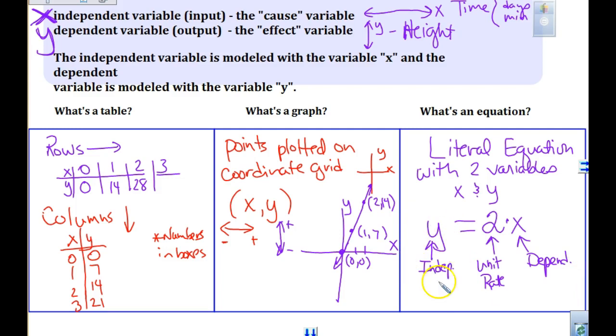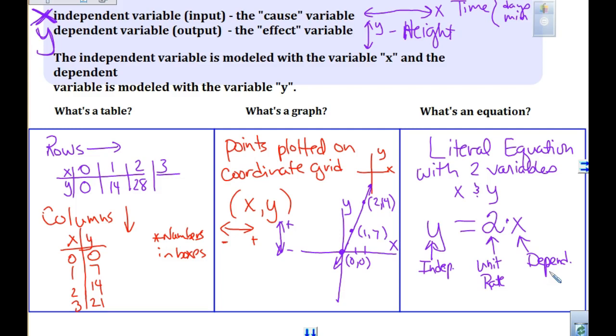Okay, so it's usually the independent variable is equal to our unit rate, or our rate of change, times our dependent variable. Okay, there's going to be many different forms of this equation, but that's kind of the most general form.